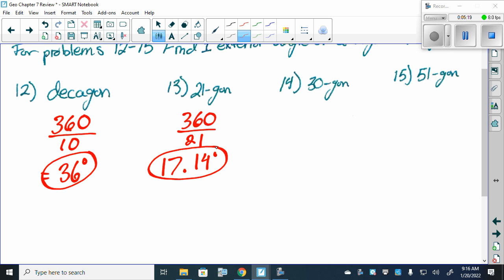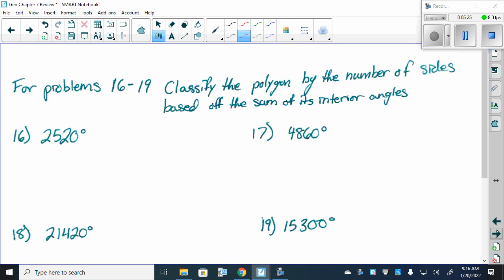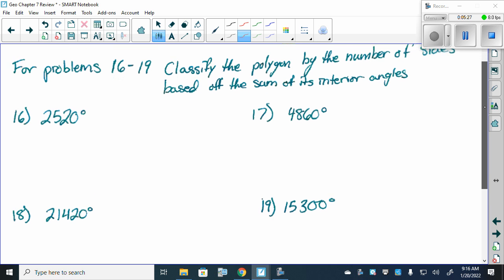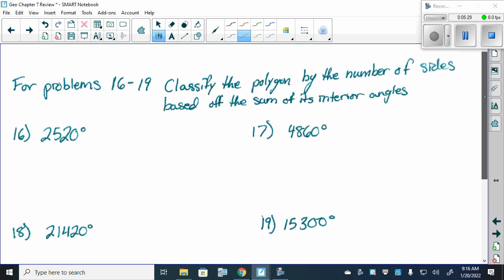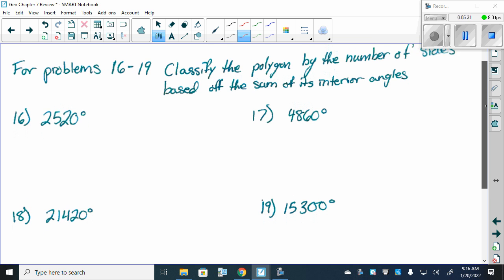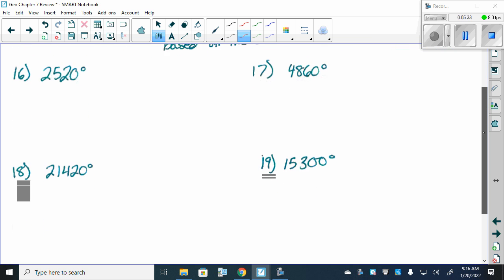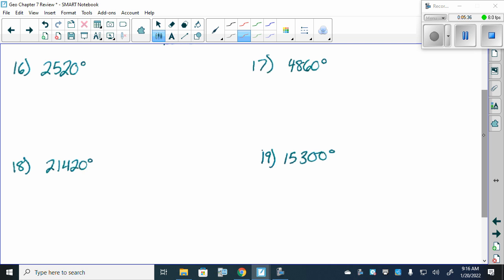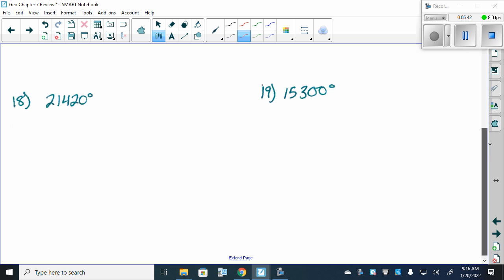Any questions on 1 through 15? Classify the polygon by the number of sides based off the sum of the interior angles. Which one of these do we want to look at? 19. 15,300 degrees.